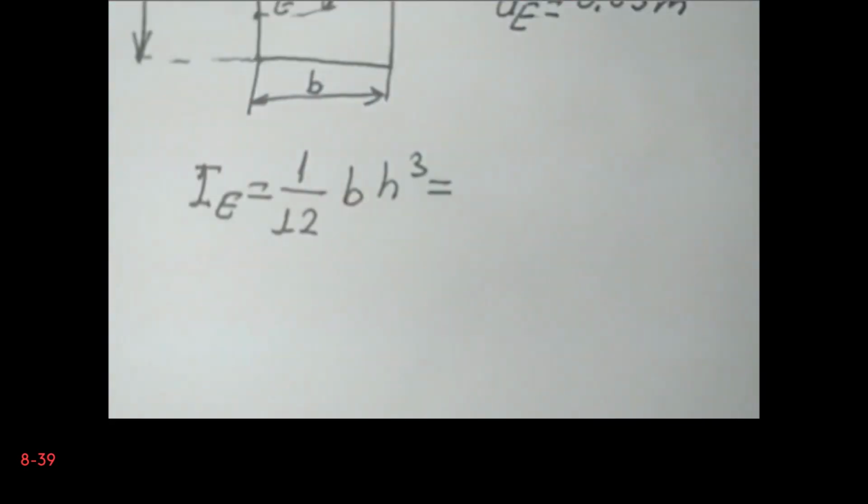The bending moment of inertia with respect to the neutral axis is 1 over 12 b h cubed. So the value we have is 4.166 times 10 to the power minus 6 meters to the power 4.